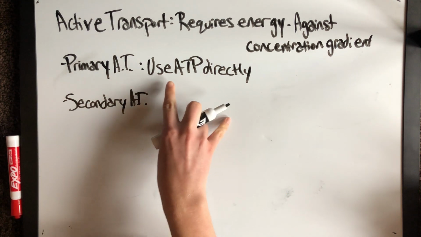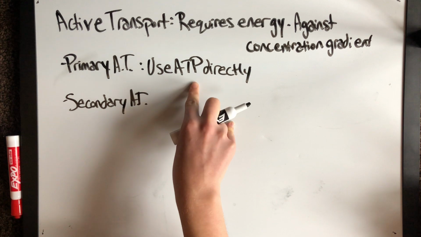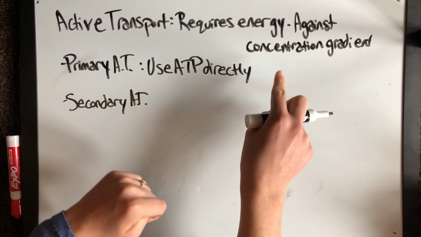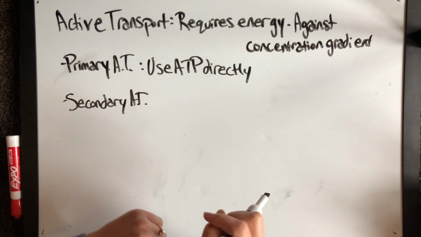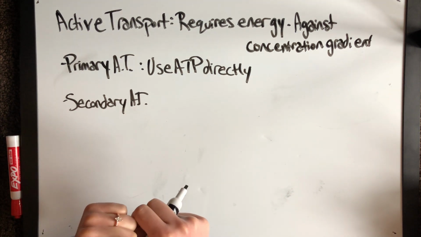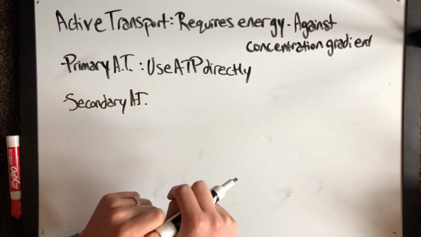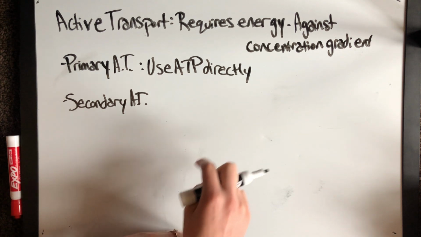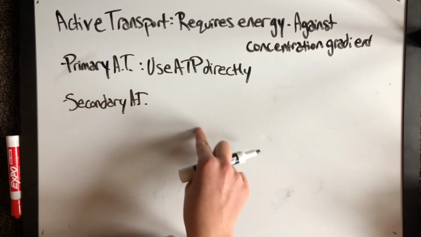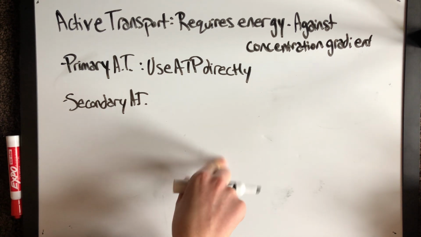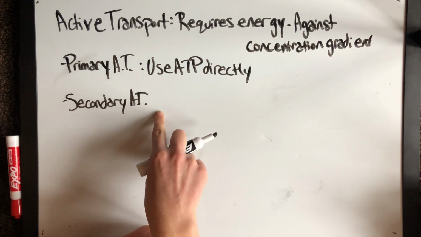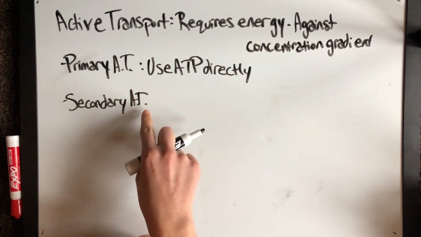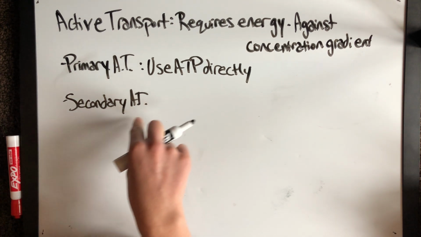Okay, let me back up. When primary is using ATP and pumping things against their concentration gradient, it's building up more of a concentration gradient. So it's creating a concentration gradient, and the molecules are going to want to flow back to where they got pumped from. So secondary active transport uses that concentration gradient as its source of energy. Secondary active transport depends on primary to work.